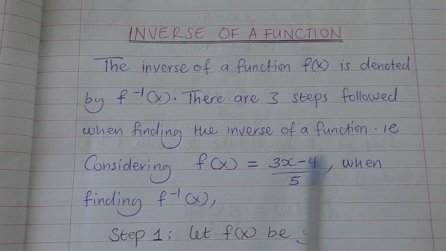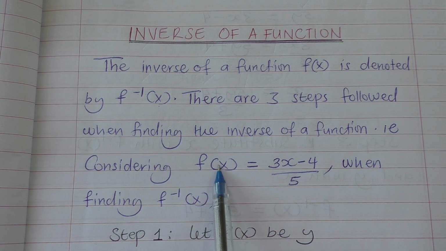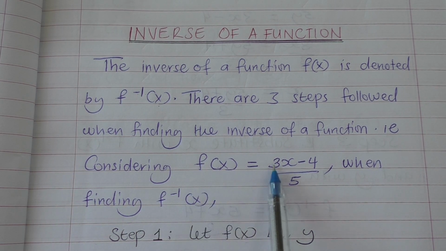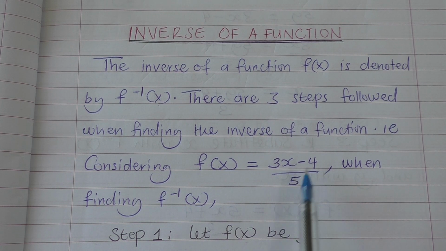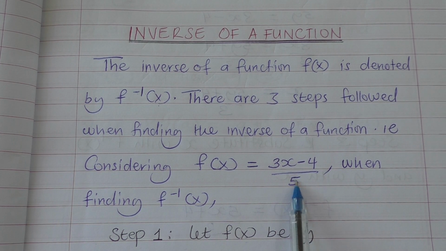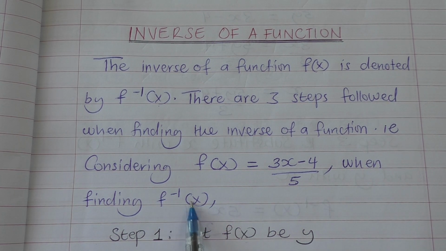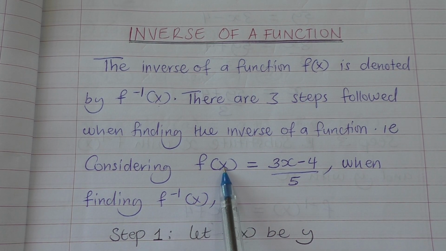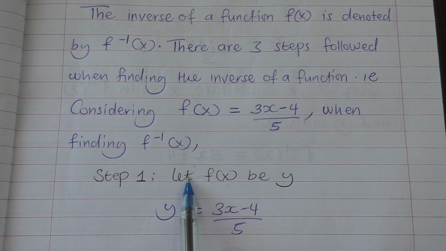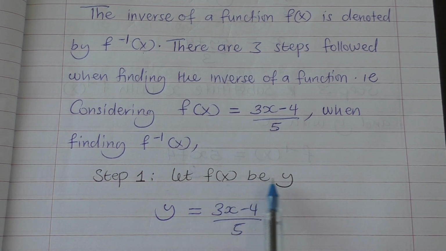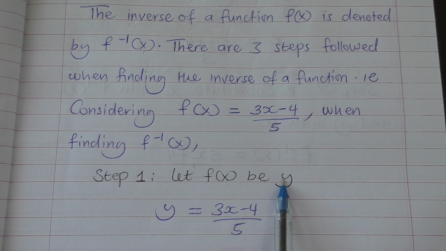Step 1, we shall consider f(x) to be (3x minus 4) over 5. So when finding the f inverse of this function, step 1, we shall let f(x) be any unknown. It can be y.